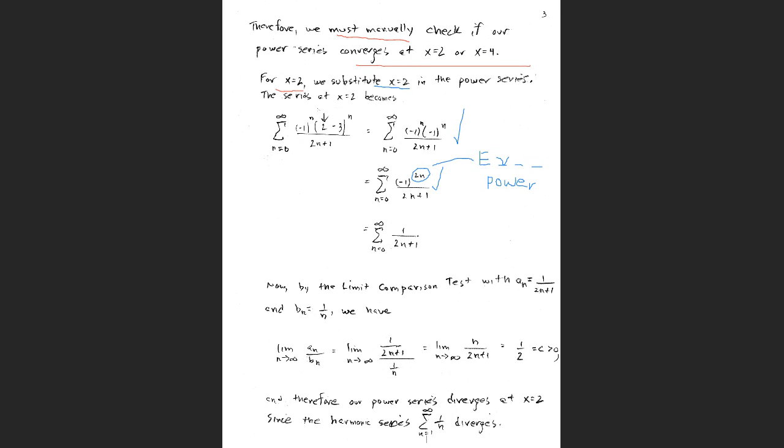Even, that's right. Very good. And so an even power, you've got negative 1 to the 2nth power.